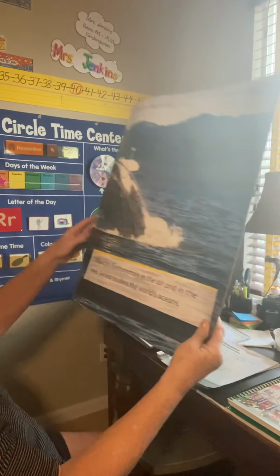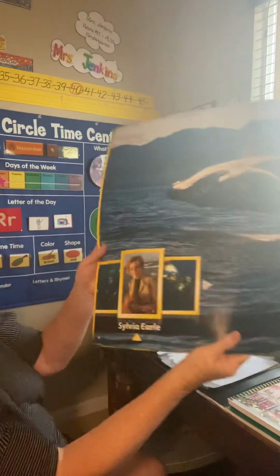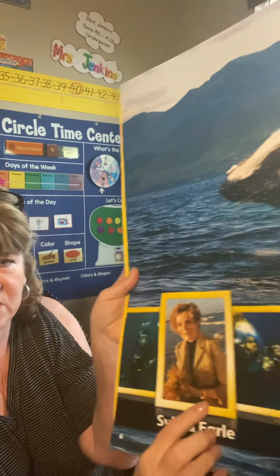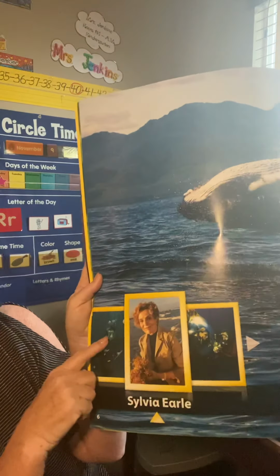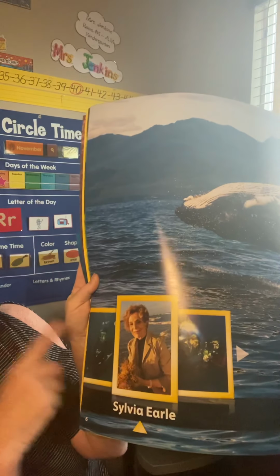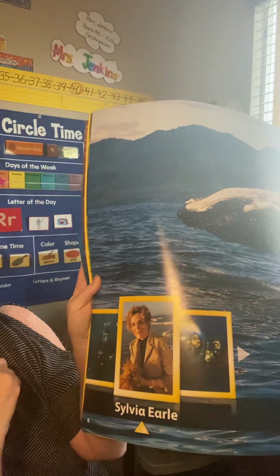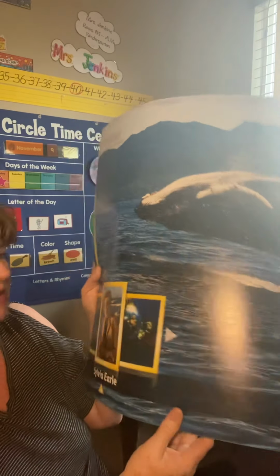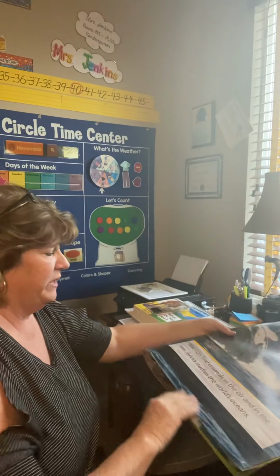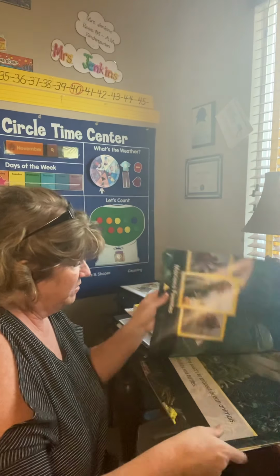And then here's the photographer. She goes all over the world and takes pictures underwater. She has scuba gear, oxygen and a tank and a mask, and she can swim underwater with her camera and take beautiful pictures, so we can learn about fish and whales and animals all over the world.